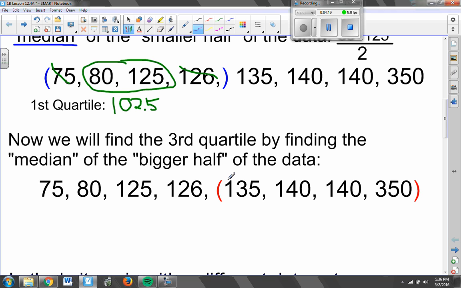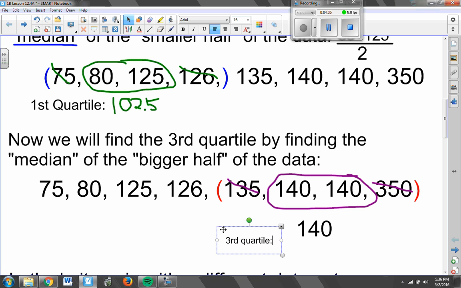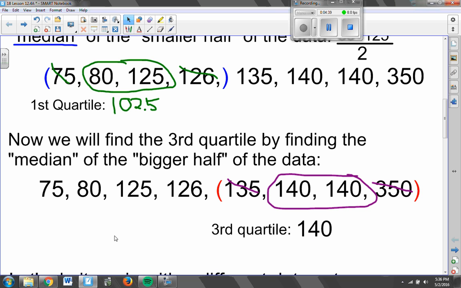And so I will just find the median by crossing out the lowest and highest, and I already have these 2 in the middle. The average of 140 and 140 very nicely for me is just 140. So my third quartile number is 140.